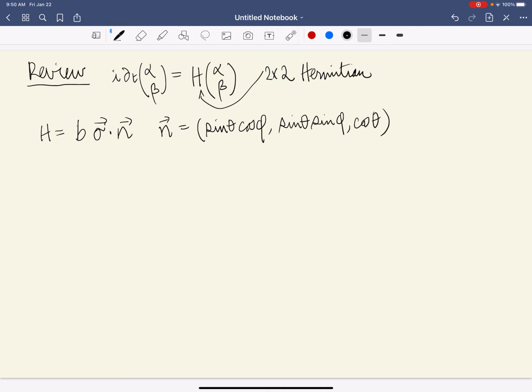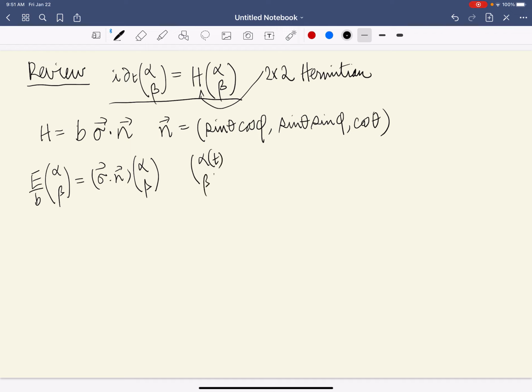Okay, and then I showed that it's possible to convert this time-dependent Schrodinger equation into a time-independent problem by introducing a time dependence, which explicitly says alpha beta with an explicit time dependence shall be factorized into this form.